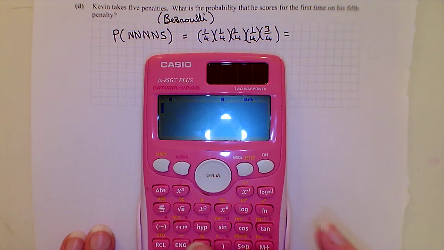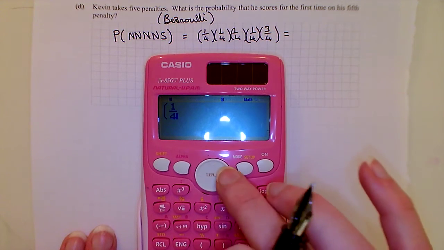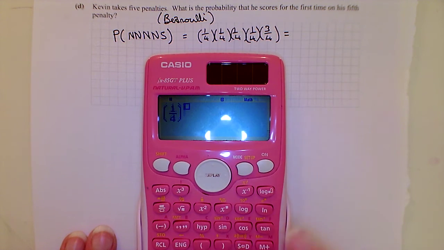So we have 1/4 multiplied by itself 4 times, multiplied by 3/4.